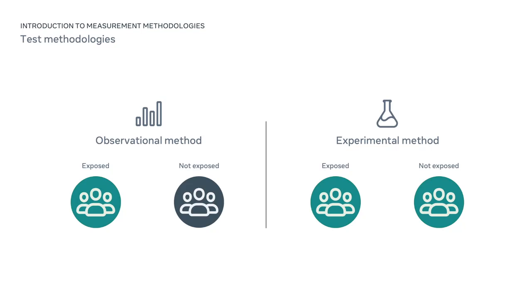A well-designed experiment randomly assigns who sees an ad and who doesn't, and that way marketers can gain insights about the effect of an ad on sales based on the difference between the exposed and unexposed groups. In this training, we don't go into detail on observational methods. However, we do have an online course that you can take to learn more about observational methods.